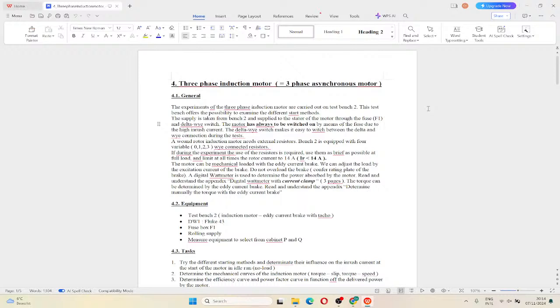I didn't see that it says it has to be used in the one watt-meter method. But we still only have one watt-meter, and I think the Fluke can do the calculation automatically. Yes, it could. It has the function to directly get P, Q, S and cosine phi. So we forgot this. I really didn't find any mention that we have to use the one watt-meter method. I think there are two, but yes, we do need this.